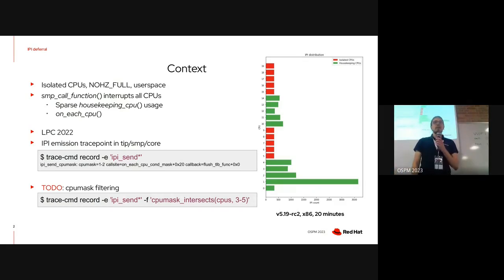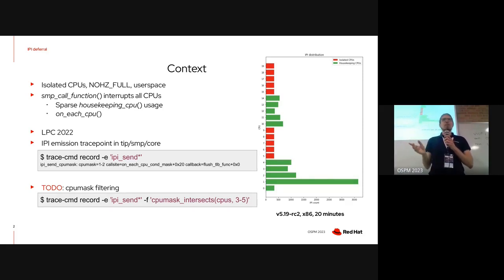I mostly care about isolated CPUs running with no hertz full in user space. With no hertz, you have no hertz idle, where if a CPU is idle and we deem that it's going to be idle for long enough, we can turn off the tick. You can take that a bit further: if we have a CPU that's only going to be running in user space and not doing any syscalls, we can also disable the tick in that case.